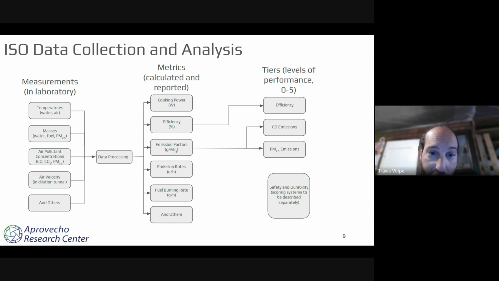We will calculate both emission factors as well as emission rates, the fuel burning rate, as well as many, many other metrics. This all ends up giving us our tiers of performance, both again in thermal efficiency, in carbon monoxide emissions, and PM 2.5 emissions. The ISO protocol does also touch on safety and durability. And again, those will be described in a later webinar.